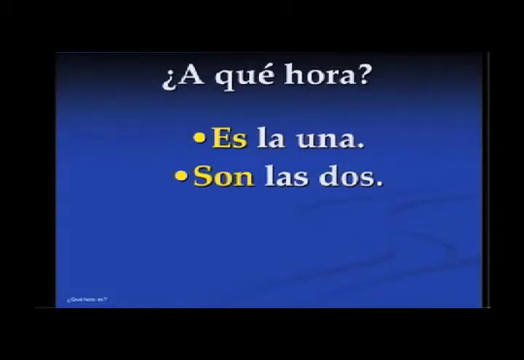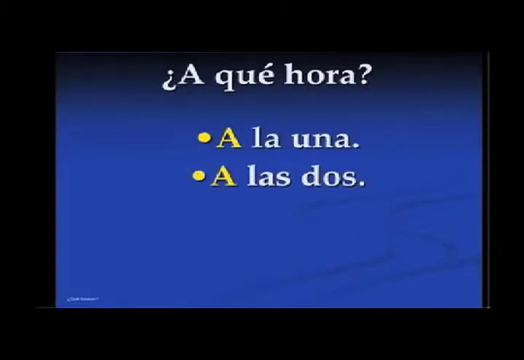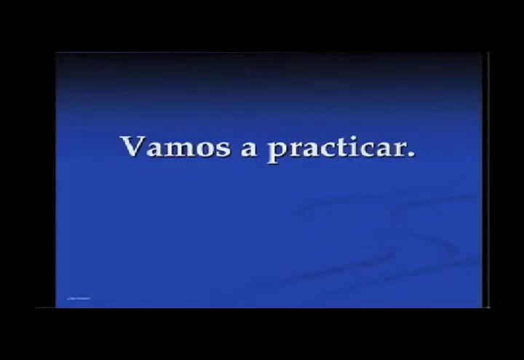It is 1 o'clock, it is 2 o'clock. We'll change the es and the son to a, and you've got at 1 o'clock and at 2 o'clock. And that's how that works. And then, of course, all the other things you remembered about, 1 and 5, es la una y cinco de la tarde, all that stays the same.